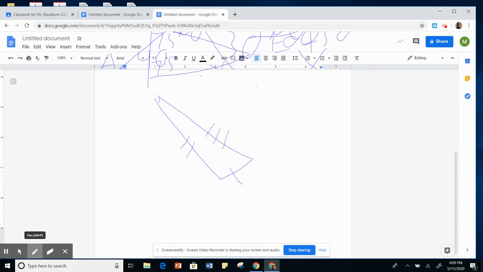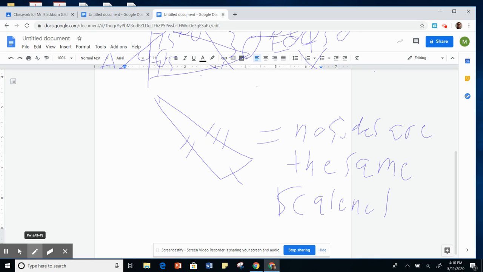So you say you have different marks. You have a 3, you have a 2, you have a 1. That means no sides are the same. And this is called a scalene triangle.